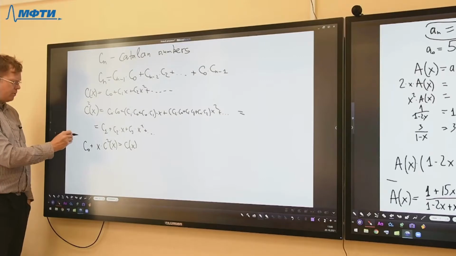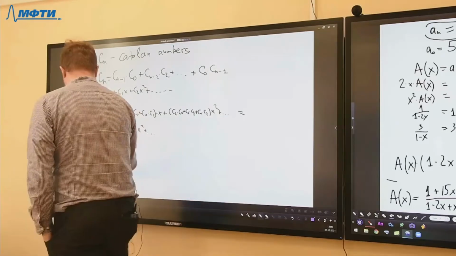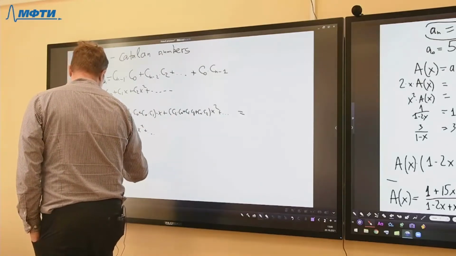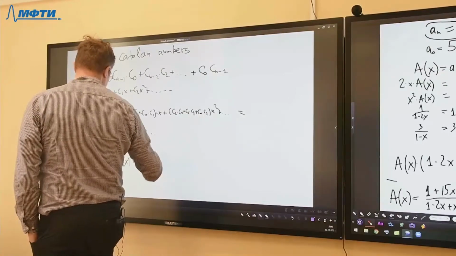Am I right? So C0 is 1. So we have this equation: x times C squared of x minus C of x plus 1 is 0.